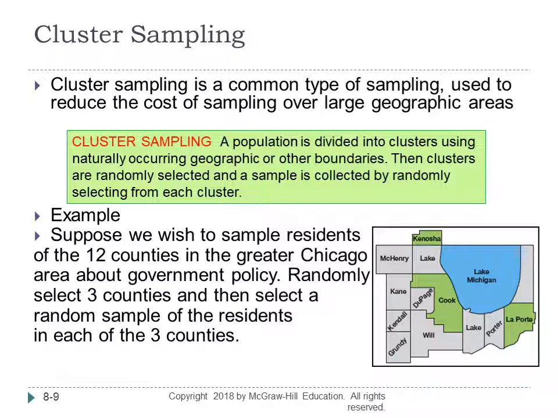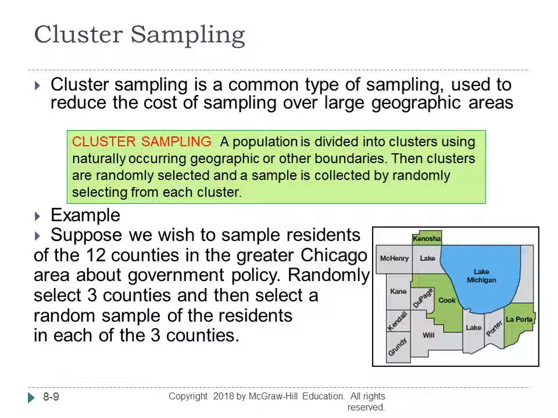Suppose we wish to sample residents of the 12 counties in the greater Chicago area. Here, of course, each county, you have 12 counties in the Chicago area. You want to take a sample from that area. You want to maybe question them about government policy or their opinion about government policy.